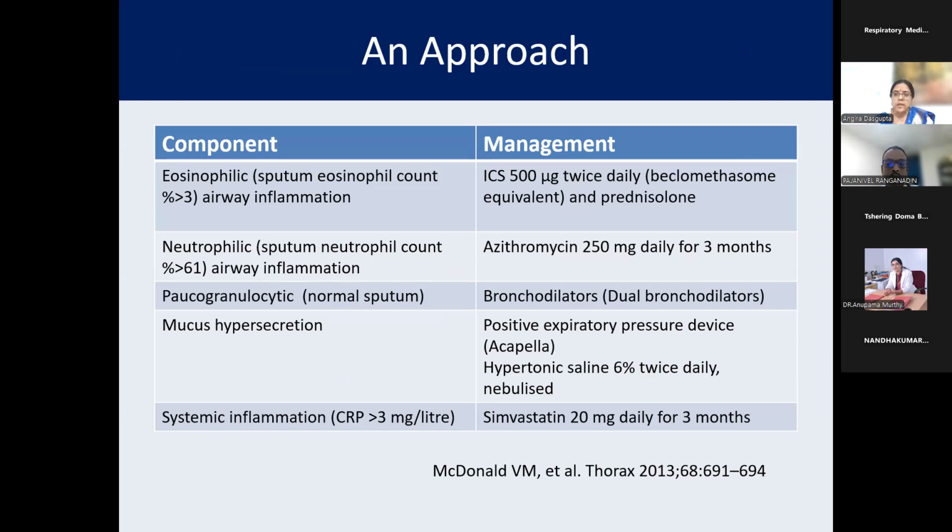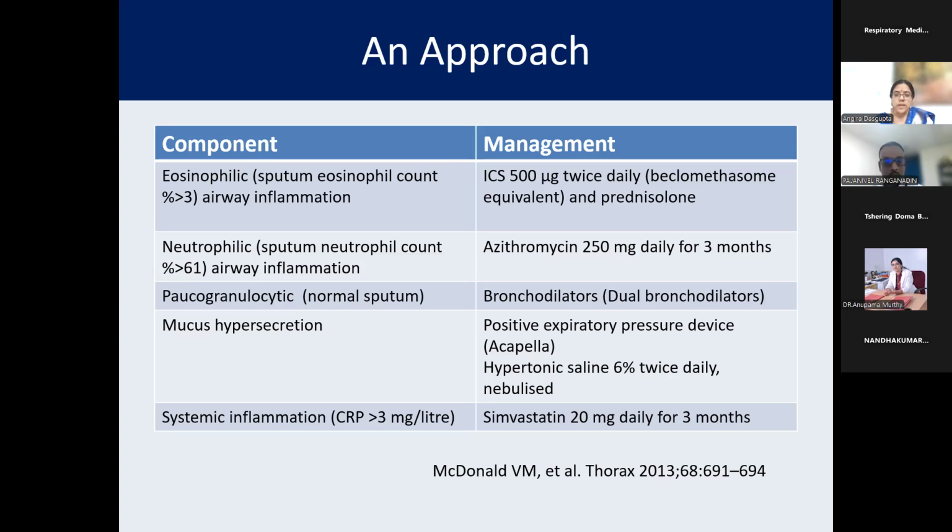So no drug, no organisms which become resistant. Neutrophilic airway inflammation, diagnosed by a sputum neutrophil count of more than 60%, we can treat with azithromycin 200 milligrams daily for 3 months to reduce the degree of inflammation or the exacerbation proneness. Paucigranulocytic, just bronchodilators, like we were treating our patients.